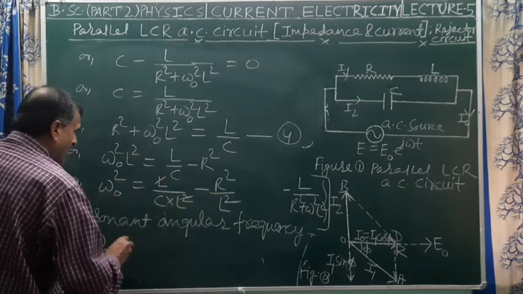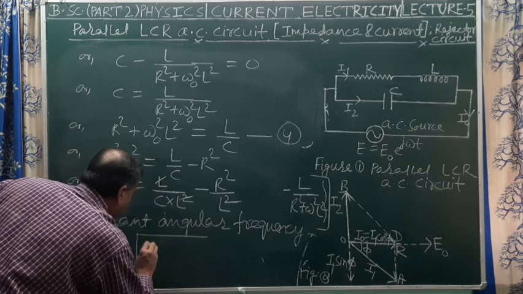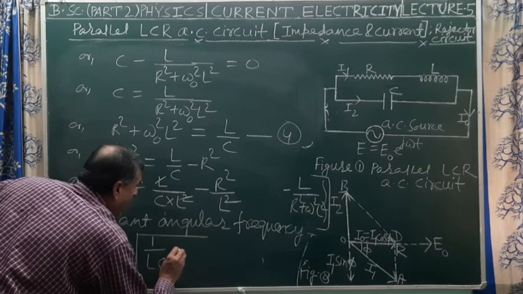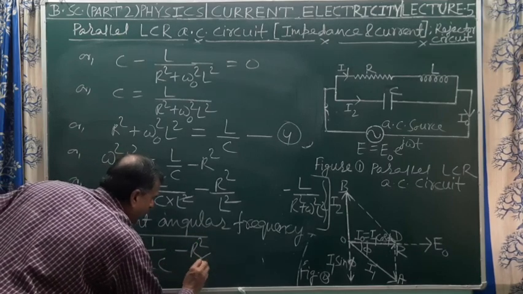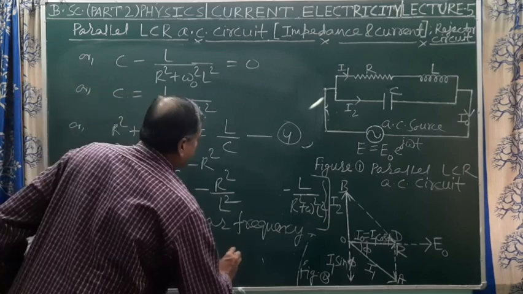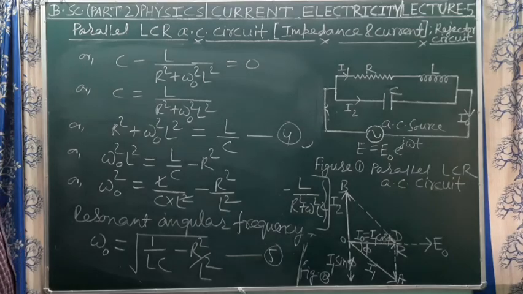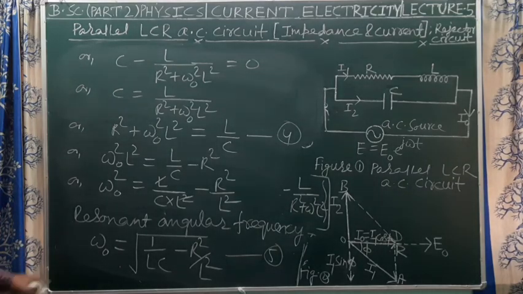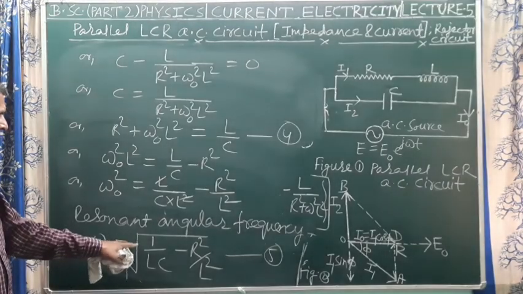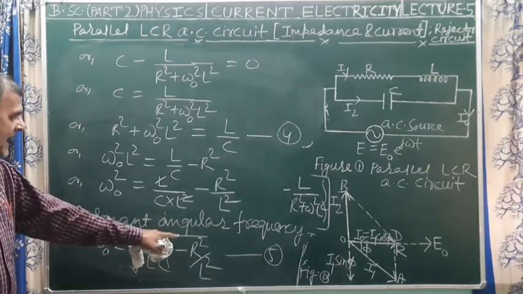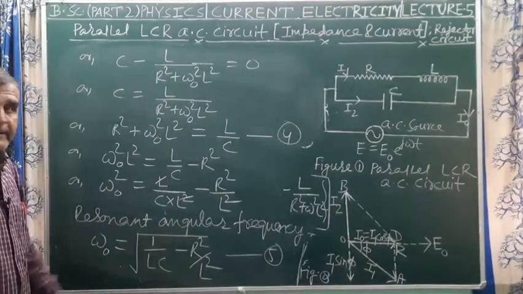So omega naught is equal to root under 1 by LC minus capital R square upon L square, and this is the expression for resonant angular frequency of a parallel LCR AC circuit.